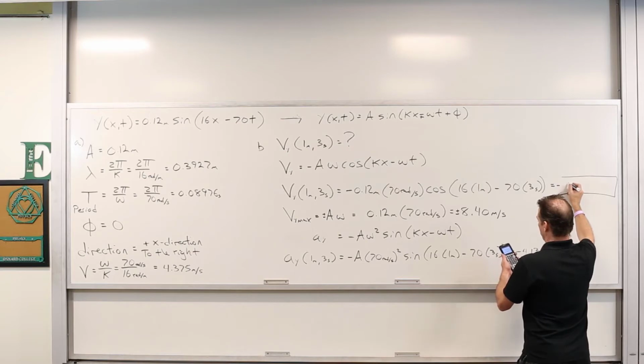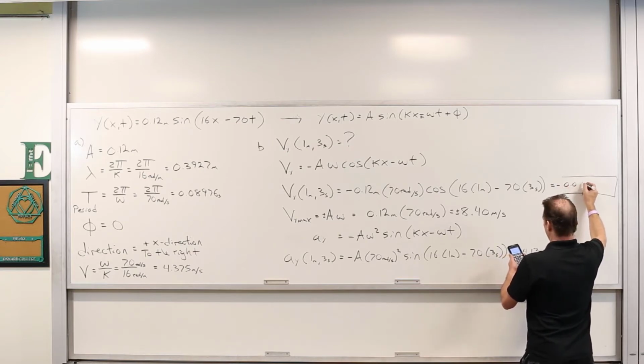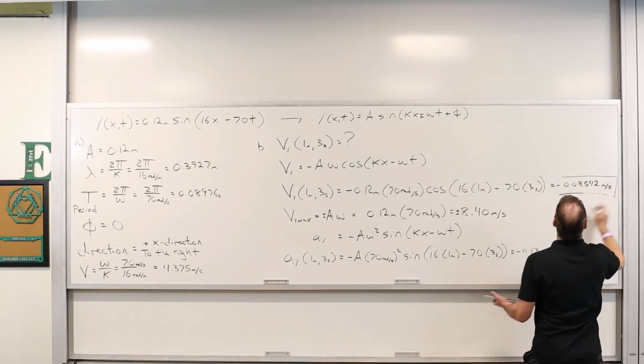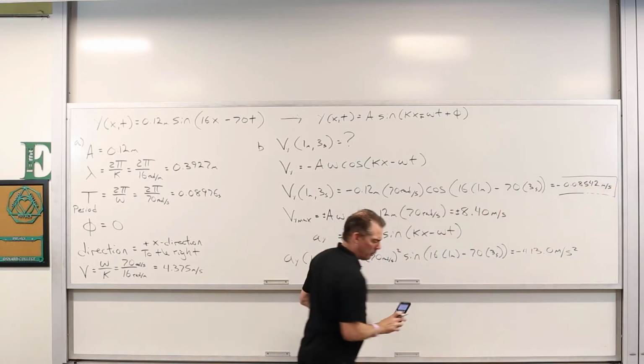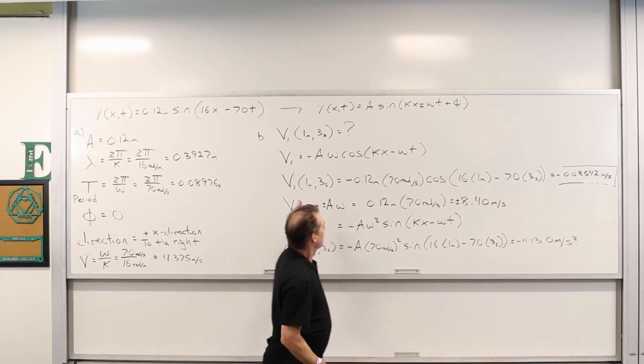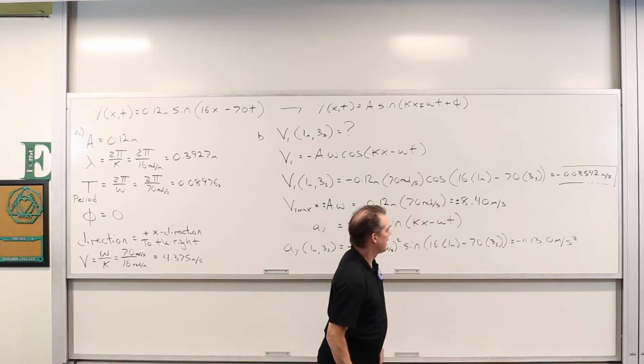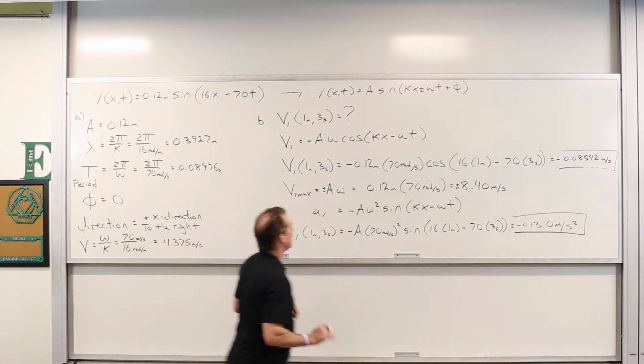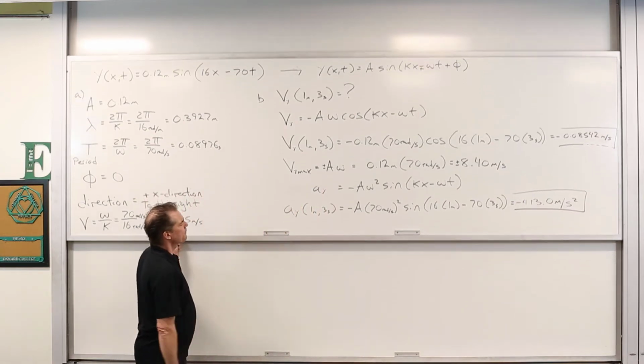So this should be negative 0.08542 meters per second, a little bit less. I accidentally put 0.15 there for the amplitude. That's all right. This is good as well. There we go.